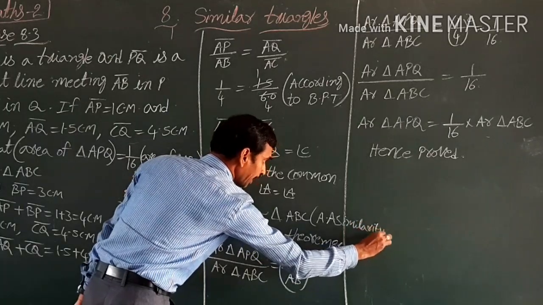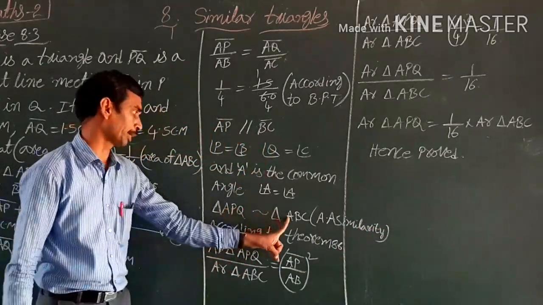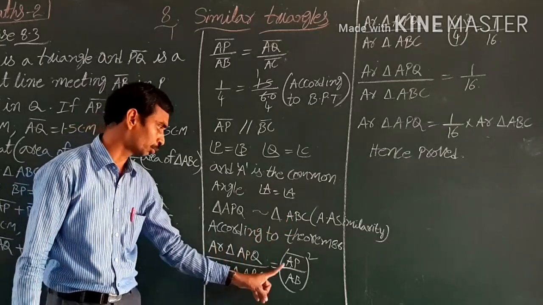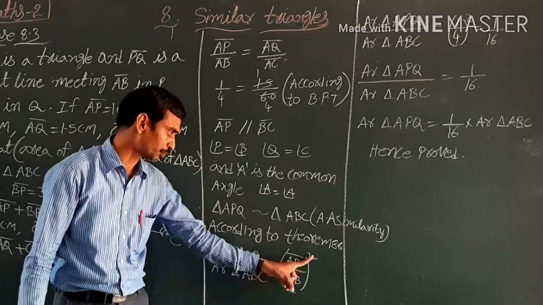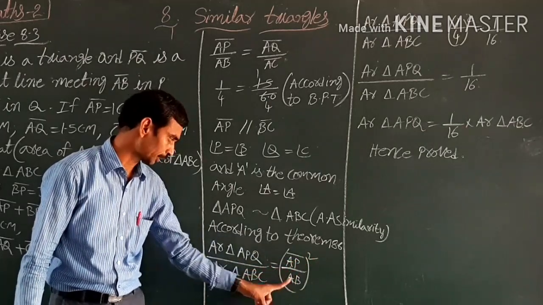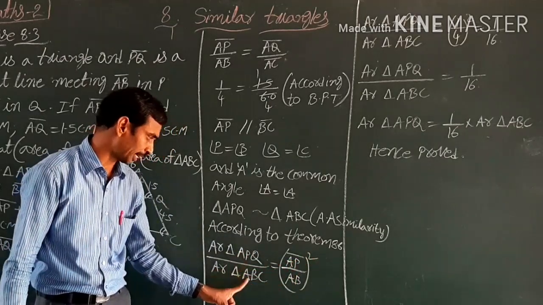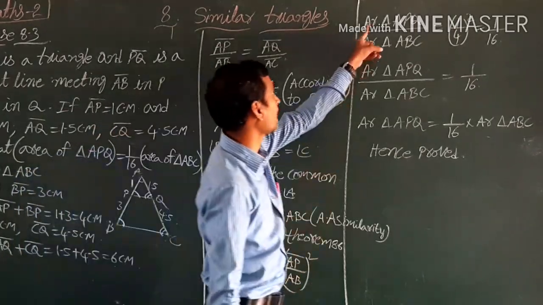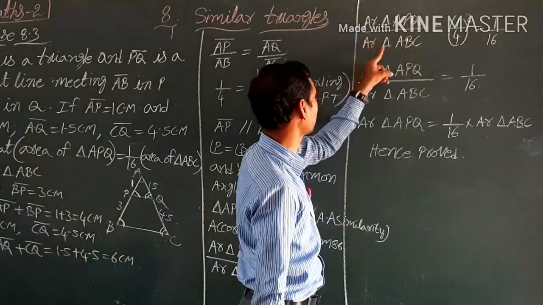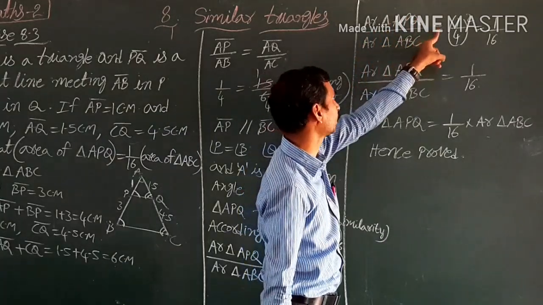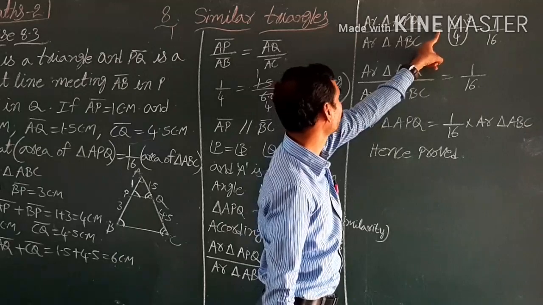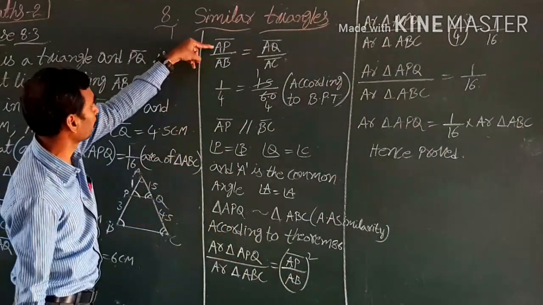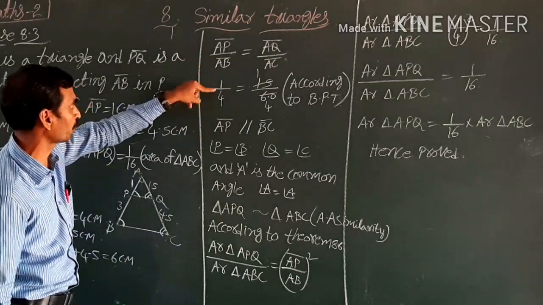Now we can use theorem 8.6. If two triangles are similar, then the ratio of their areas is equal to the ratio of squares of their corresponding sides. Here AP corresponds to AB, so area of triangle APQ by area of triangle ABC is equal to AP by AB whole square. The value of AP by AB is 1 by 4.